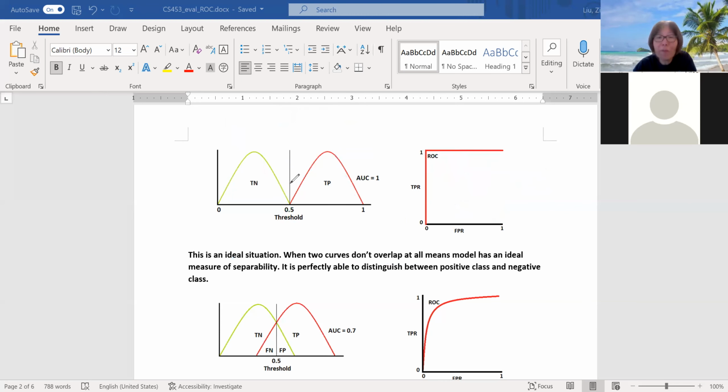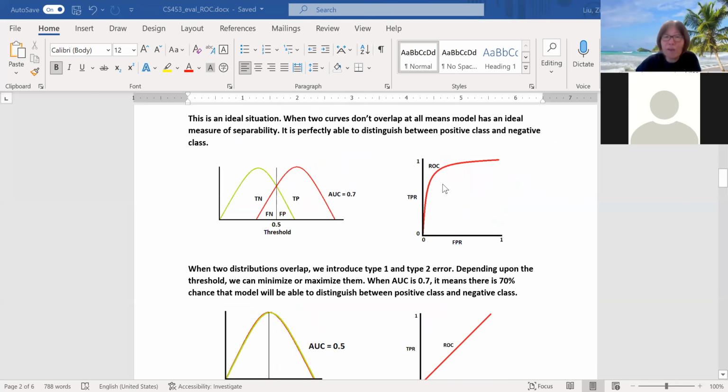And then the second case: if you take a look, the positive and negative have some overlap. In this part, the distribution is a false positive because it should be negative. And in this part, it is a false negative because it's supposed to be a true positive.